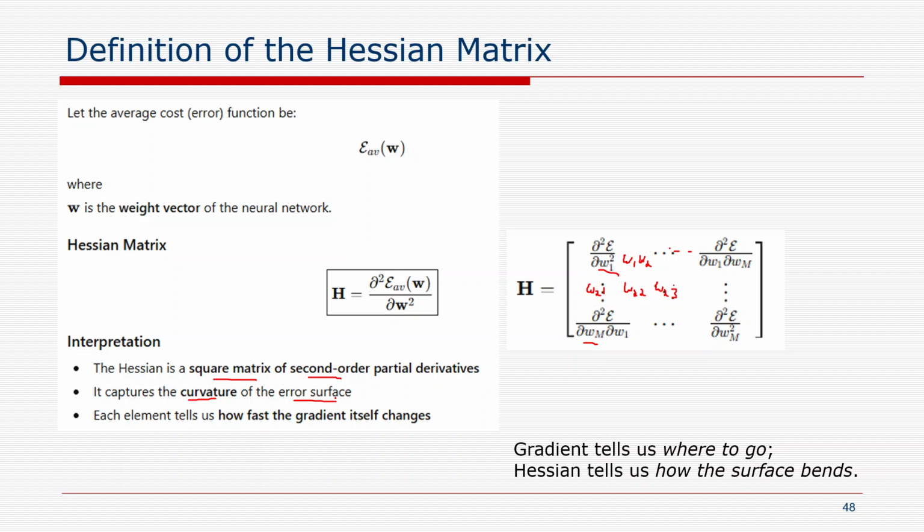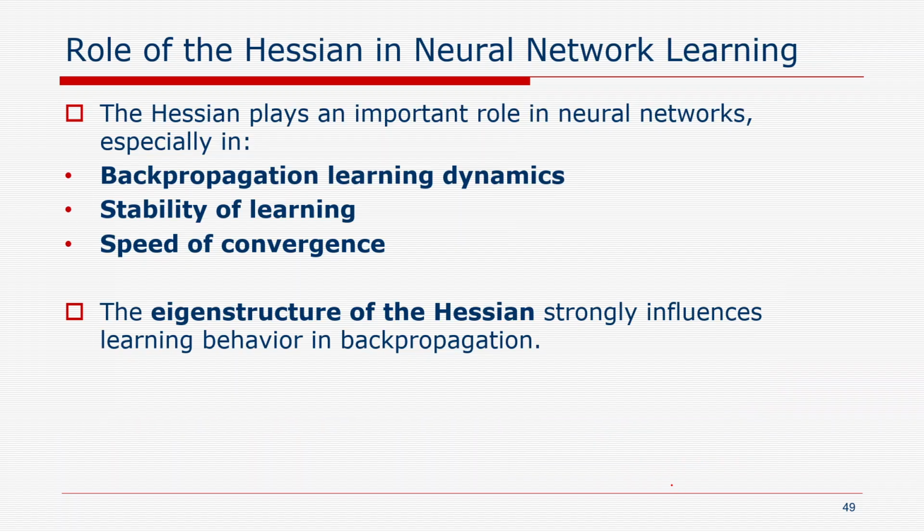Each element tells us how fast the gradient itself changes. Gradient tells us where to go, but Hessian tells us how the surface bends. That's why we need the Hessian matrix.